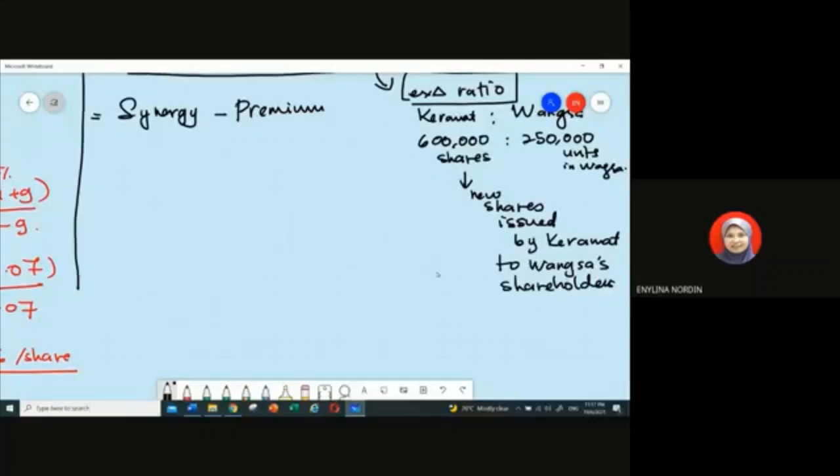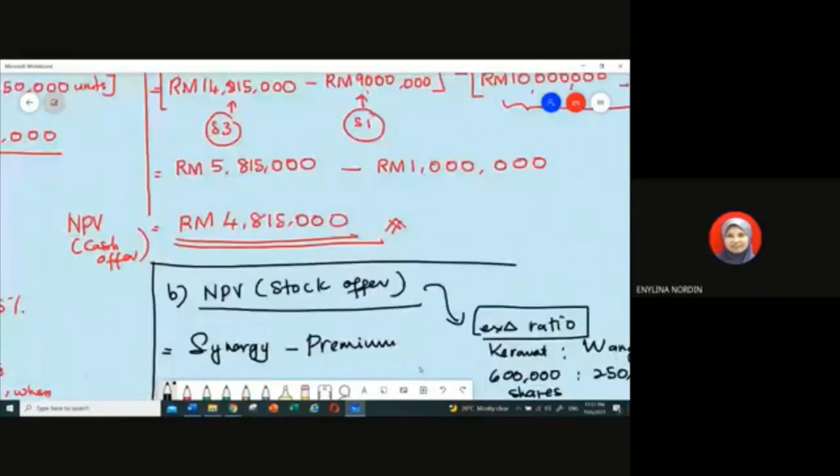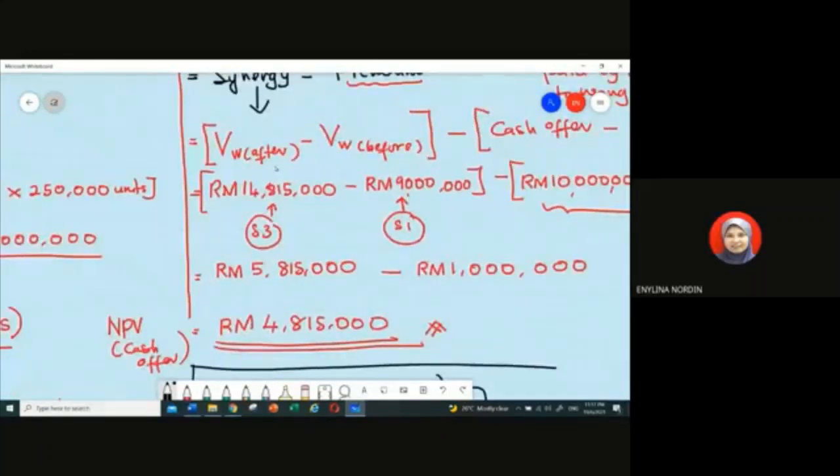Now, let's go back to our calculation. What is the amount of synergy? This was already calculated in part A. That is the difference between the value of Wangsa Setia after the acquisition and the value of Wangsa Setia before the acquisition.